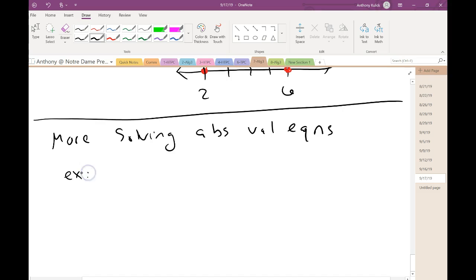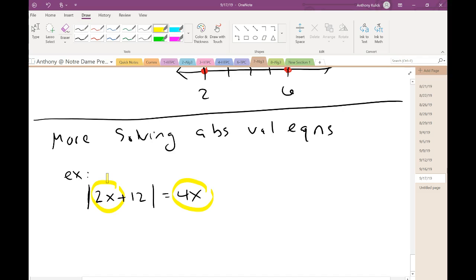So we've backtracked to solving. Let's say I want to solve absolute value of 2x plus 12 equal to 4x. What's different about this example than the things you did last night in your homework? Yeah, I have x's outside the absolute value as well as inside the absolute value.